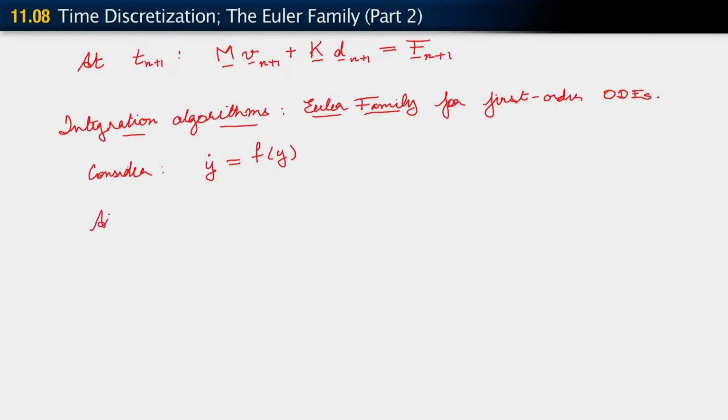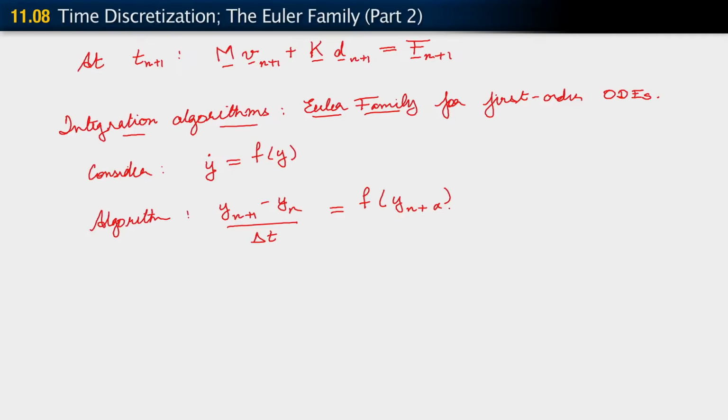The algorithm is that y n plus 1 minus yn over delta t is equal to f at yn plus alpha. This is the algorithm as defined by the Euler family.